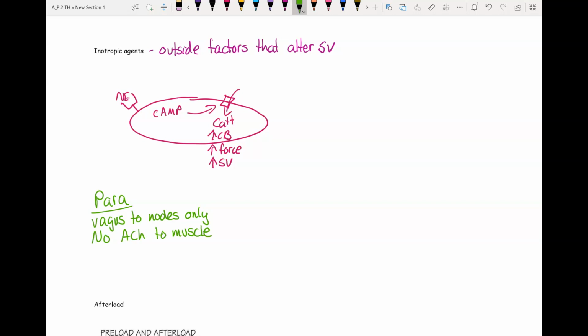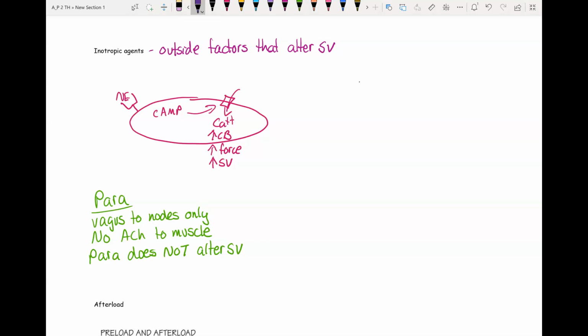So parasympathetic has no effect on force. So parasympathetic does not alter your stroke volume. So remember, we're not going to have any parasympathetic with the stroke volume. Parasympathetic can reduce heart rate. It cannot reduce force.